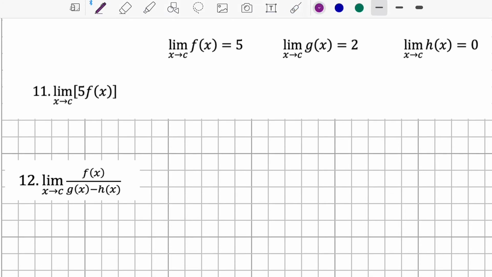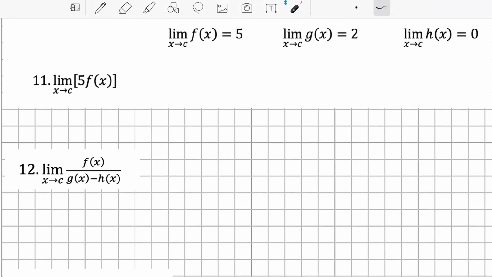So now, according to one of our properties, when we have a constant being multiplied with a function, you can literally get the constant and move it to the front. So let's do that first. That 5 is going to go outside. 5 limit as x approaches c of f of x.